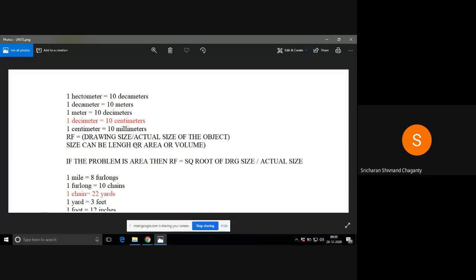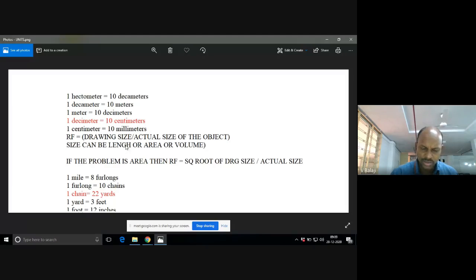Any scale design requires that you know the basic unit conversion system. Then we will construct how to construct a plain scale, diagonal scale, and vernier scale. Before that, you need to know the different conversions of units.